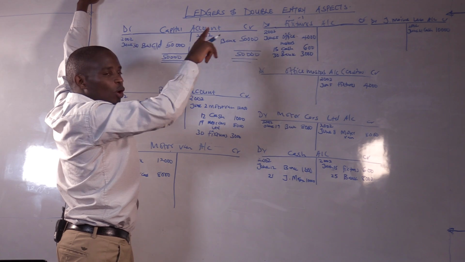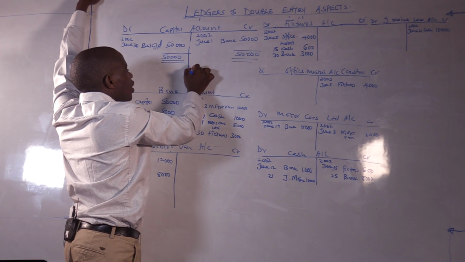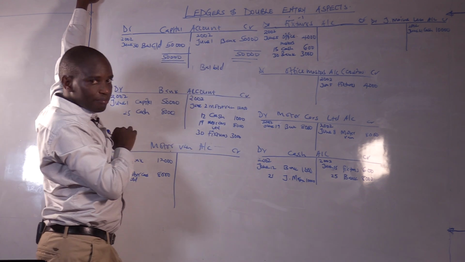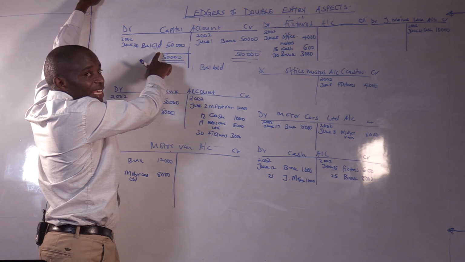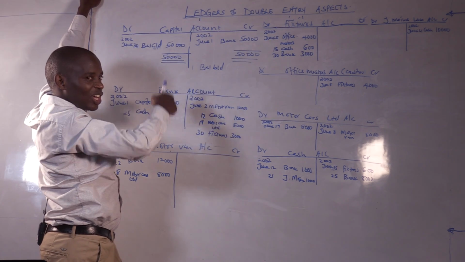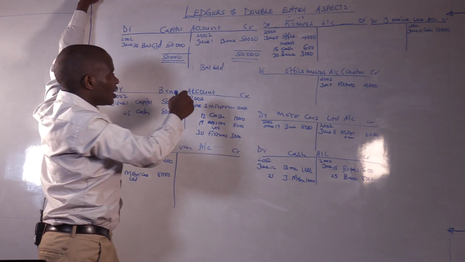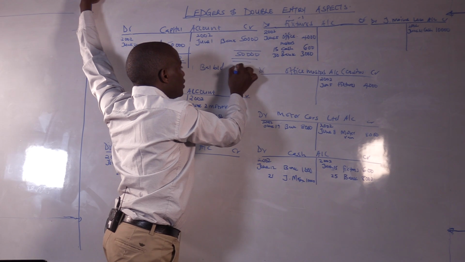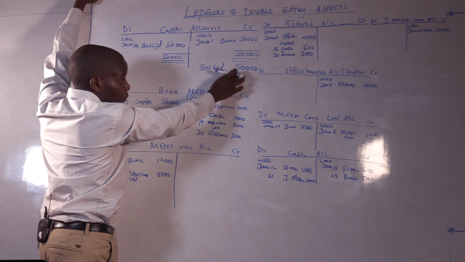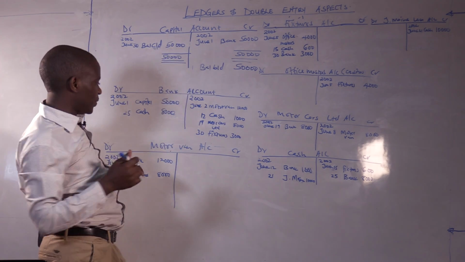If the business opens the following month, we shall have a balance, and that balance is called balance brought down. The balance carried down of the previous month will be our balance brought down for this month, which in this case is 50,000. Whatever we had here is what we bring down here. That's why I call it balance brought down.